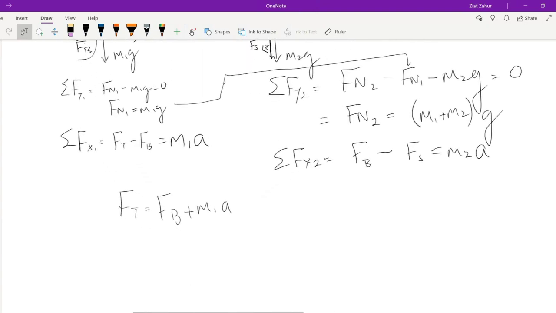Since a is positive, we're adding a positive term to Fb, therefore Ft is greater than Fb. Same thing here: Fb is equal to Fs plus M2a. All right.